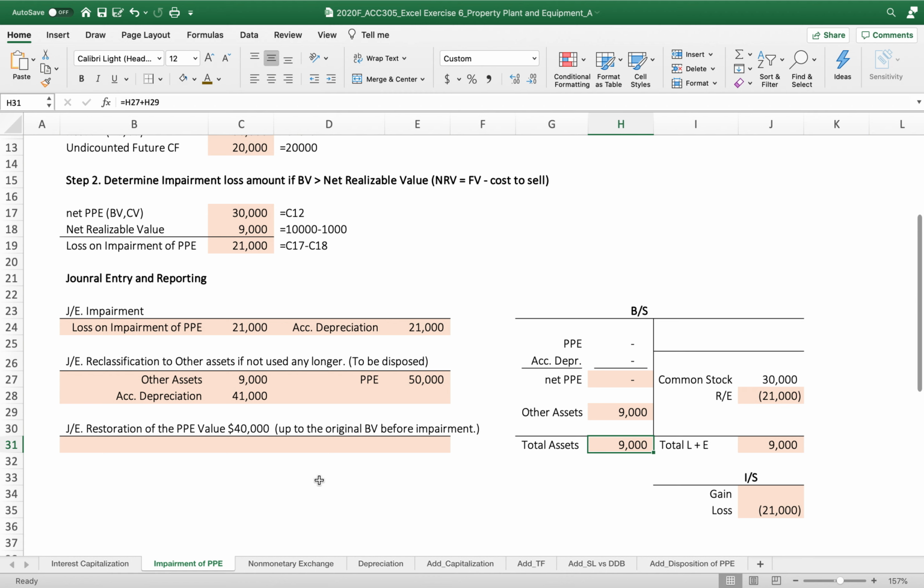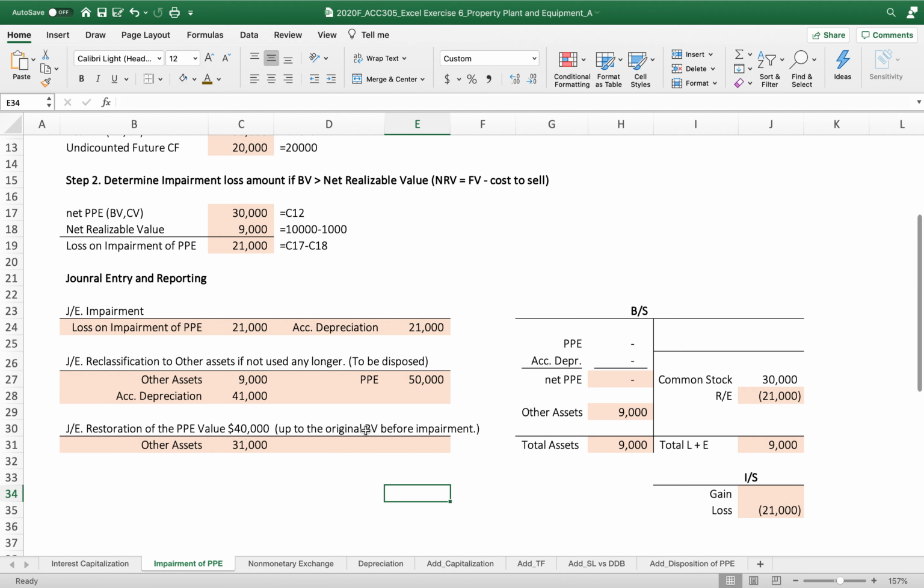Now, restoration of the PP&E value $40,000. Ooh, now let's put 31,000 there. 31 to meet this $40,000. $31,000. Let's increase other assets 31,000. No, it cannot be increased to the $40,000.